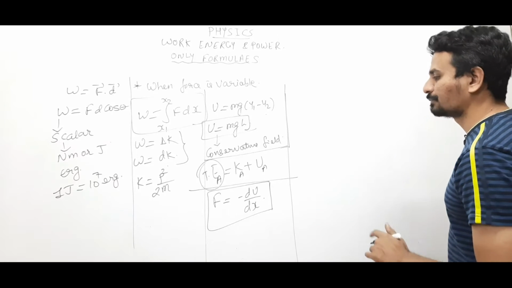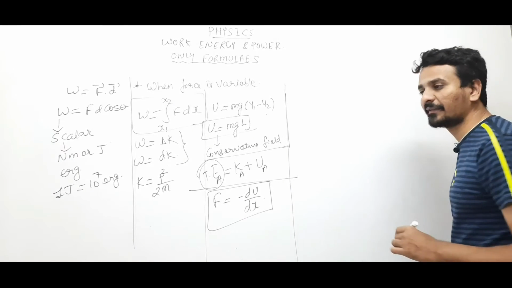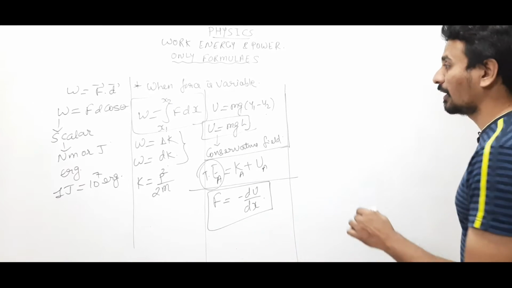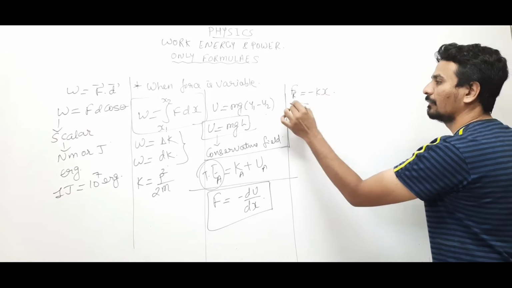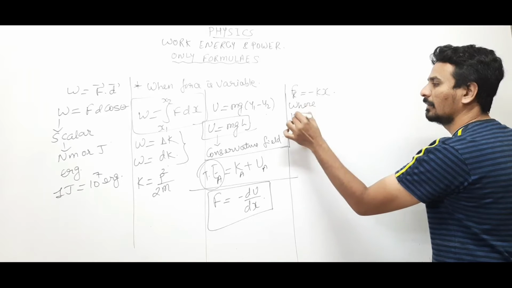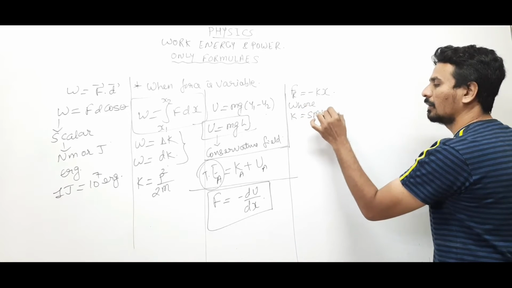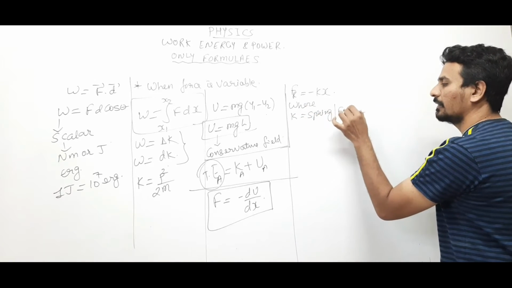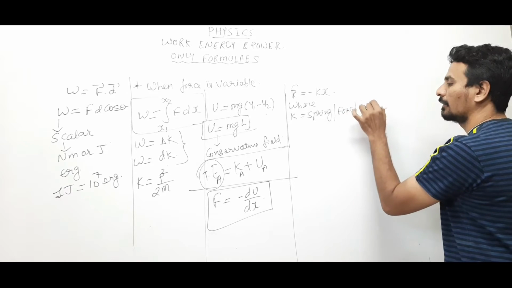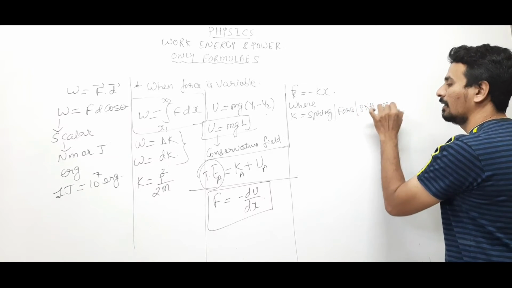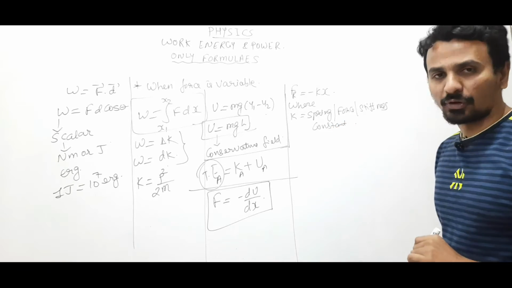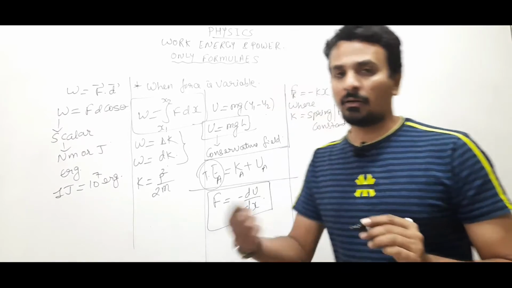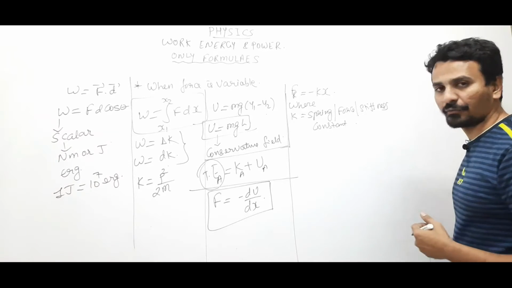Okay, now we have seen what is elastic potential energy, what is restoring force. Restoring force is equal to minus k into x, where k is known as spring constant or force constant or stiffness constant, right? It represents how hard or soft a spring is. The more the value of k, the more will be the rigidity or hardness of the spring.